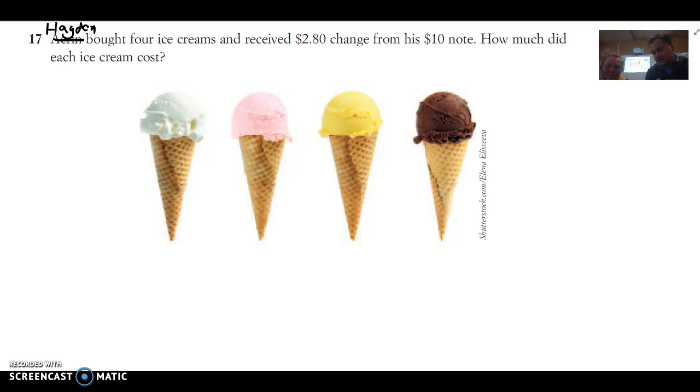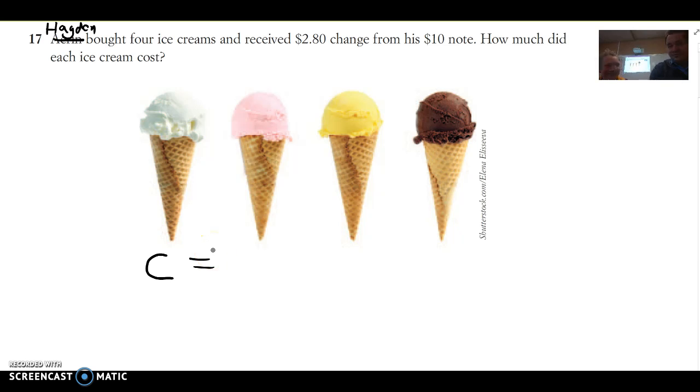Okay, so Hayden, can you think of an equation we could use to solve this? Well, we could have C as the ice creams. C is the ice cream equals $2.80.